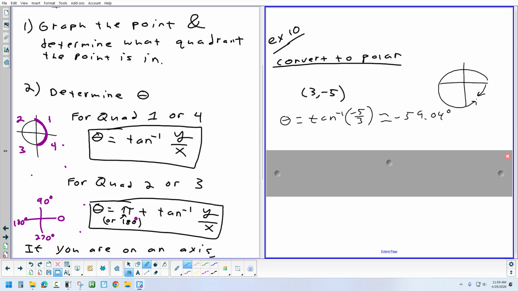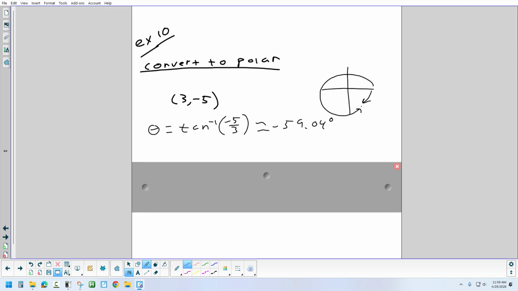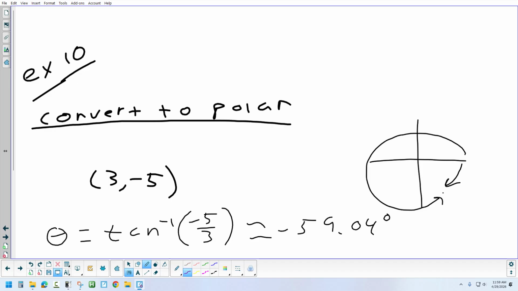All right, and how do we find our radius? What's our theorem? Pythagorean theorem. Think of it like this. Find that segment in purple by making this triangle. That's a 3. That's a 5.